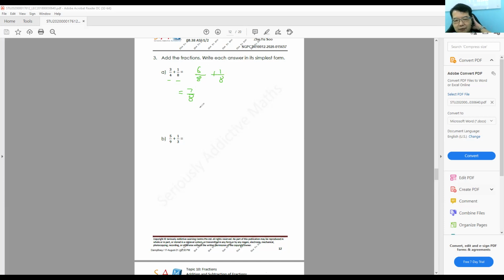Can 7 out of 8 be simplified? No, it cannot. So that's the answer. Now I will leave question B to you. You might want to press pause now. After you complete the answer, you may press play again to find out if your answer is correct.